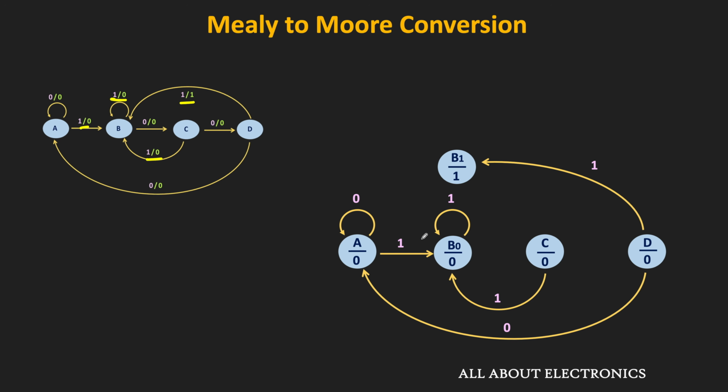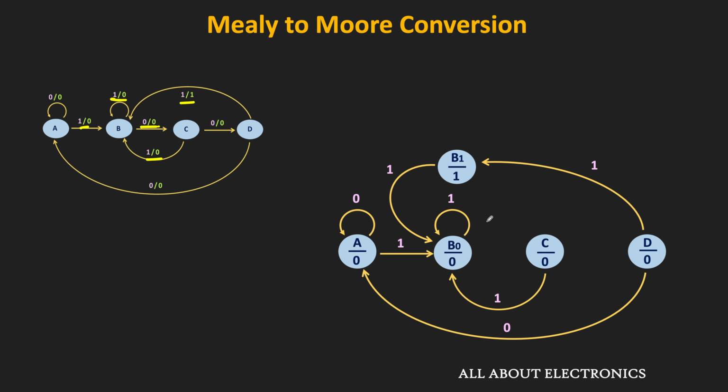But for the B1 state, that is not the case. Because in the B1 state, the output of the machine is equal to 1. That means in the B1 state, when the input is equal to 1, then it will come to the B0 state. So now, the next outgoing transition for this B state is from B to C state. That means whenever the input is 0, then it will do a transition from B to C state.